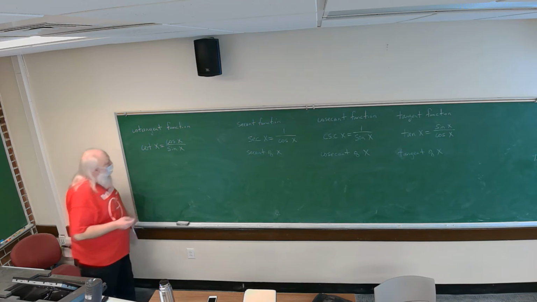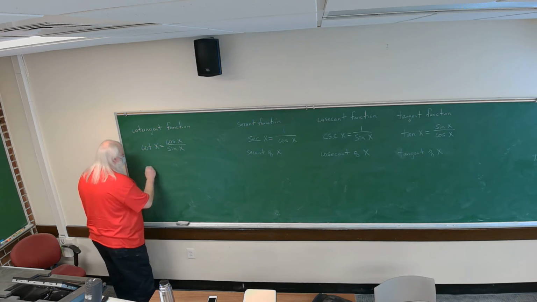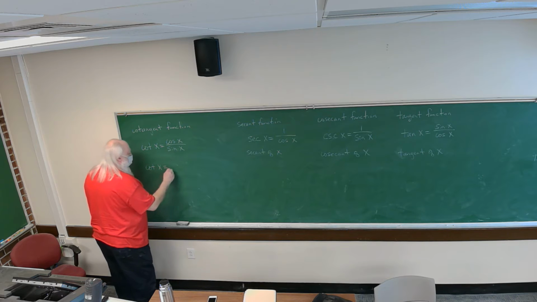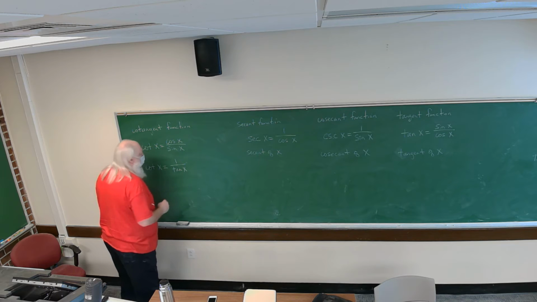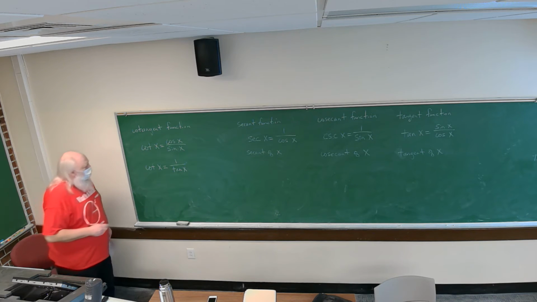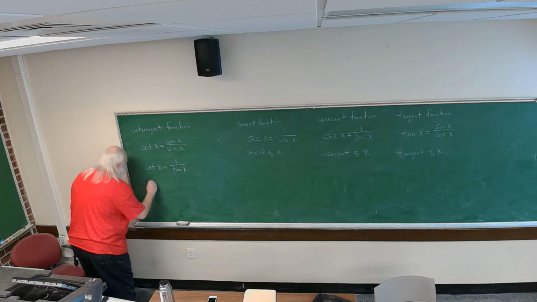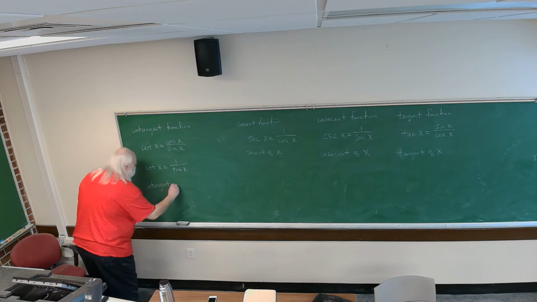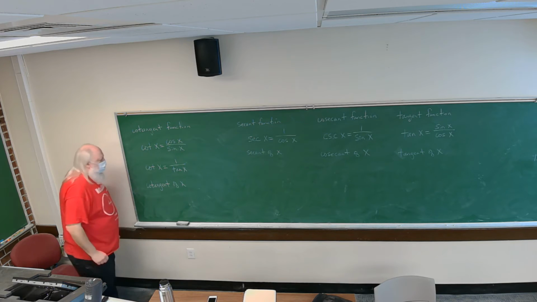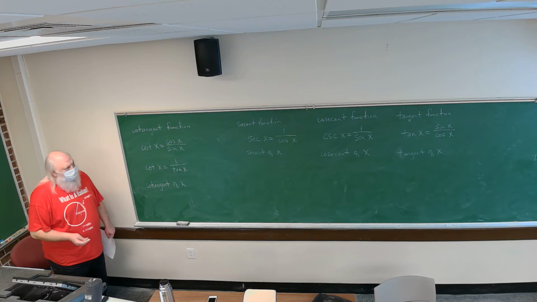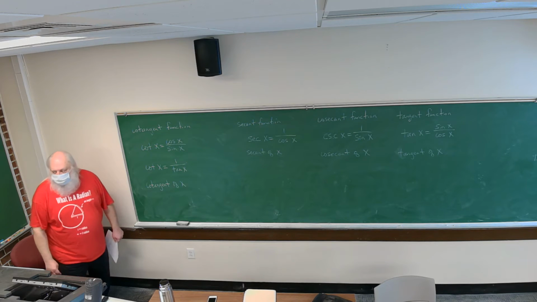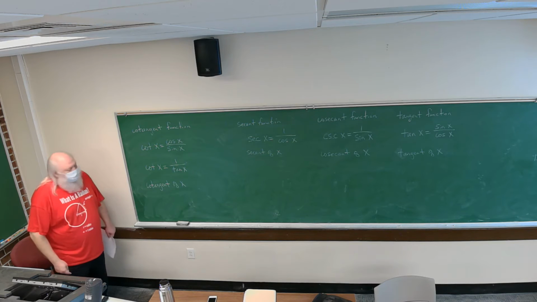And cosine over sine is the reciprocal of the tangent function. So this is pronounced cotangent of x. So sine and cosine are the 2 main trigonometric functions, and we have 4 more.